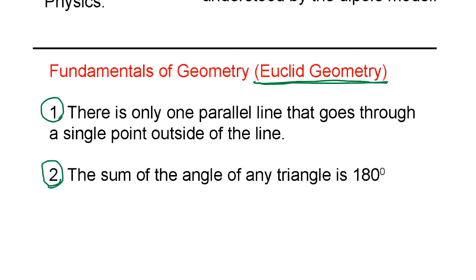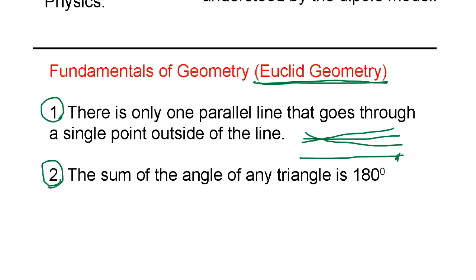You have a parallel line that goes through a point outside of a line, and it is going to cross or doesn't cross, or you have more than one parallel line which doesn't cross this line.